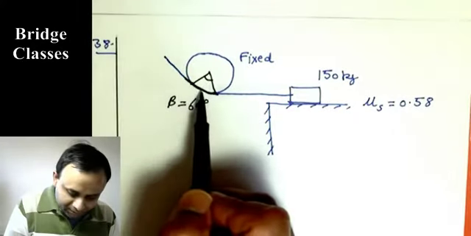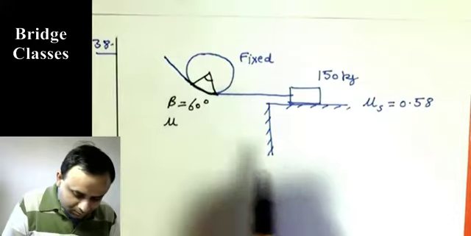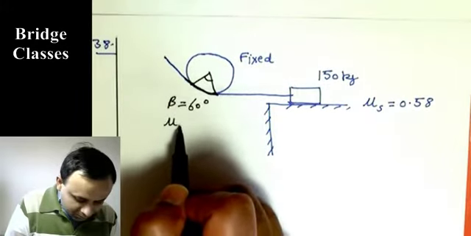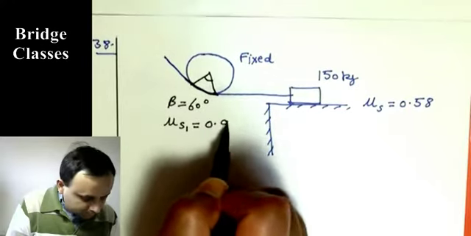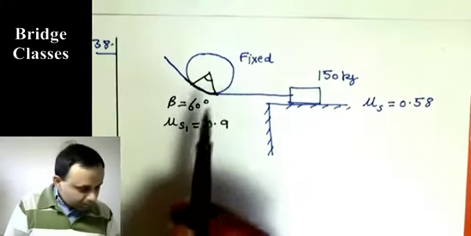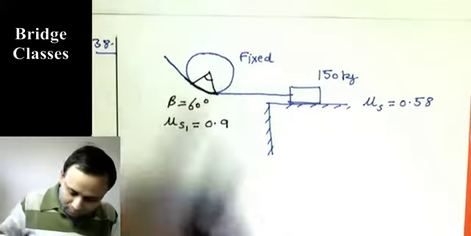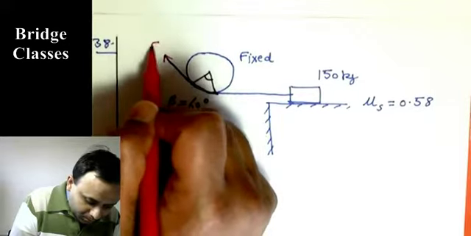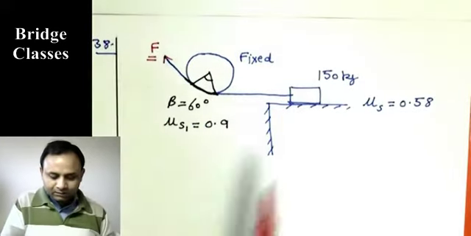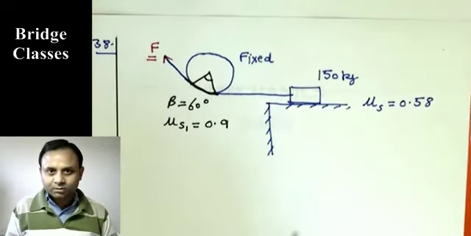The coefficient of static friction between the belt and this pulley, say mu s1, is 0.9. We have to determine the minimum force F so that we can move this block.